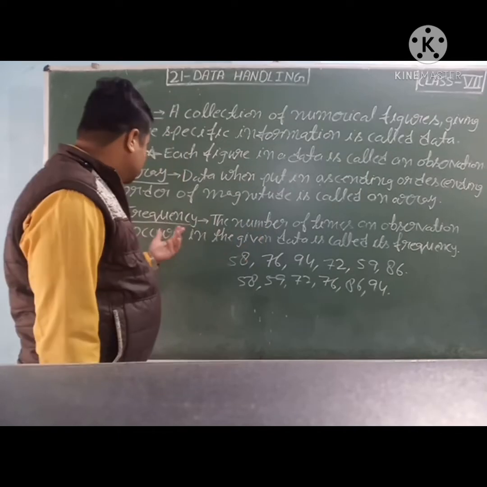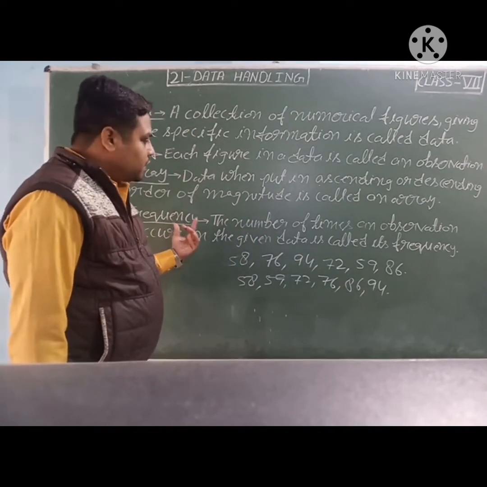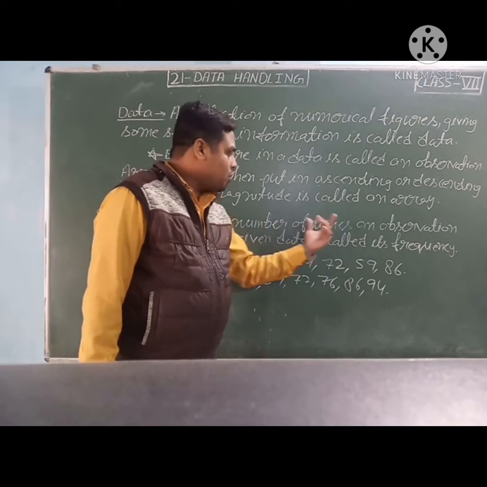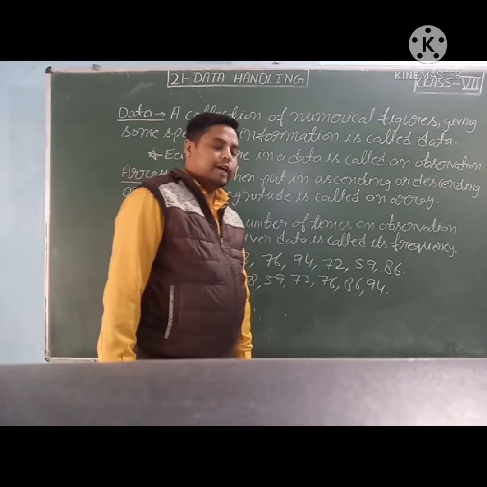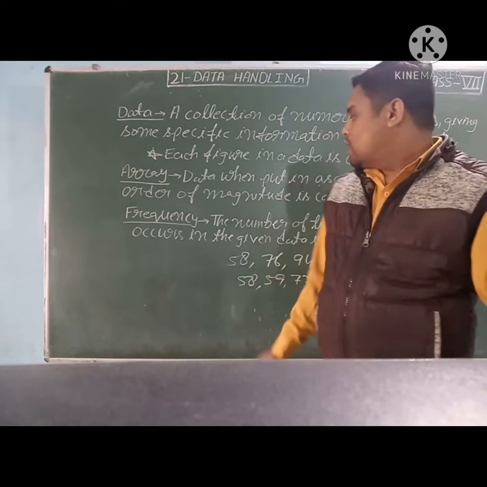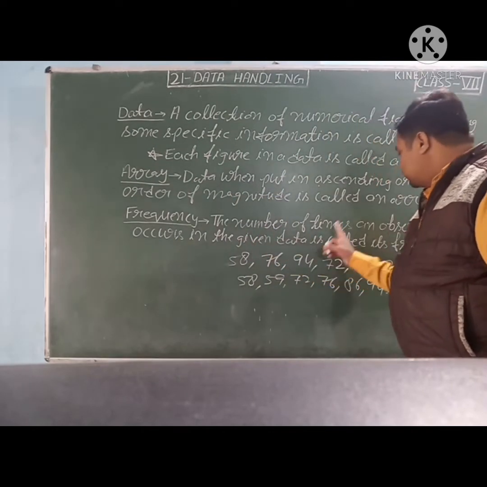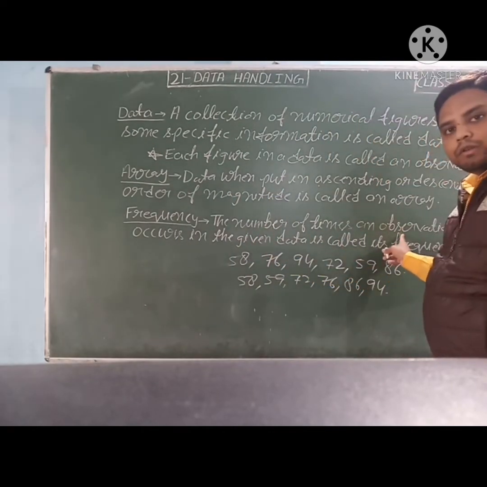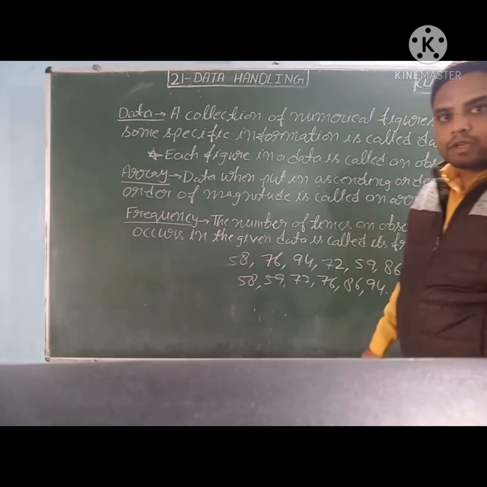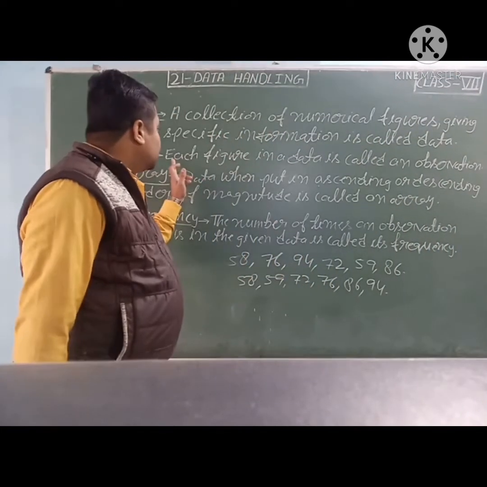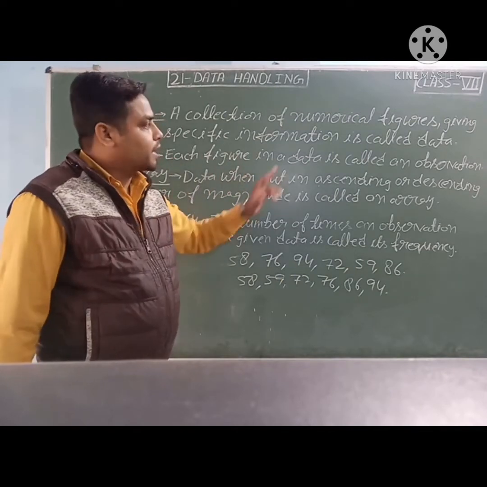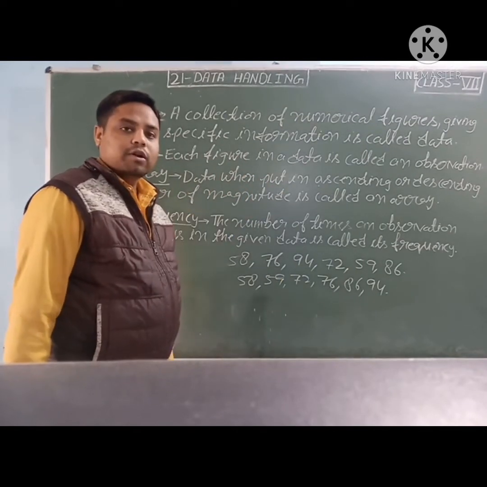Next point, frequency. The number of times an observation occurs in the given data is called its frequency. Now one question is arising, what is observation? So observation, each figure in a data is called an observation.